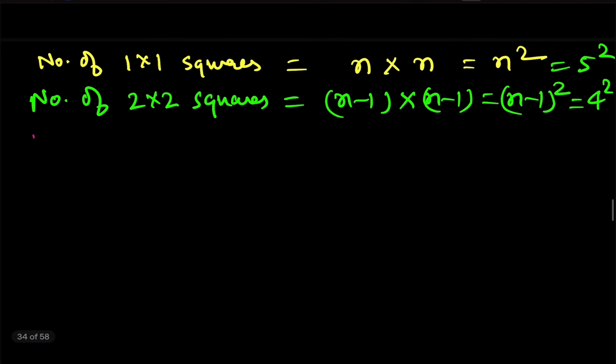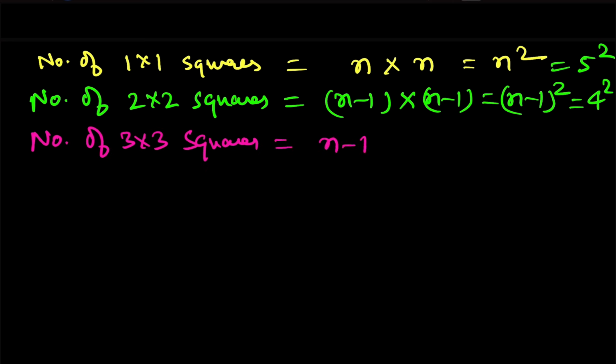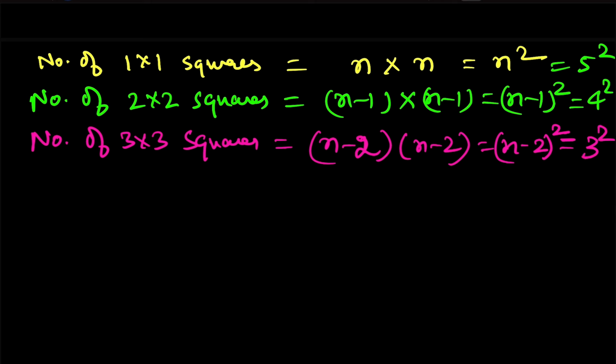So the number of 3 cross 3 squares will again be n-2 into n-2, that is n-2 whole square, which will be 3 square. If you go on like this, at last you will see n into n square, which is the biggest square, and you will get only one such square, which will be 1 square.